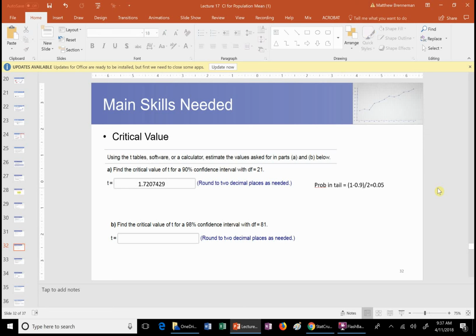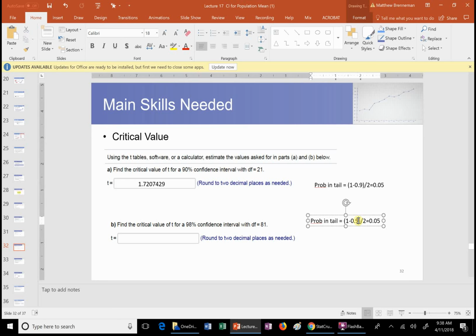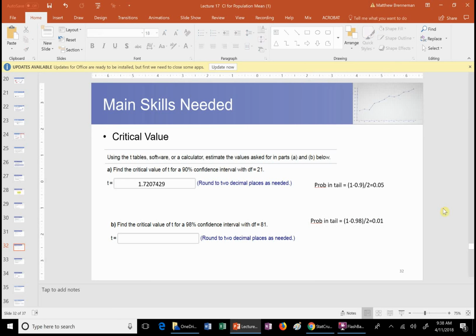What if it was a 98% confidence interval? Well, I would have 2% in the tails, both tails. The probability in the one tail would be 1%, right? So now the probability that I'm going to enter, all I would do is just change 0.9 to 0.98 and divide that by 2, and that would be 1%.